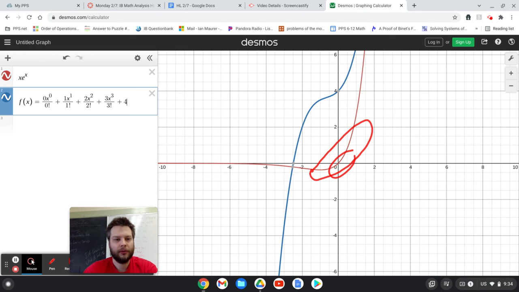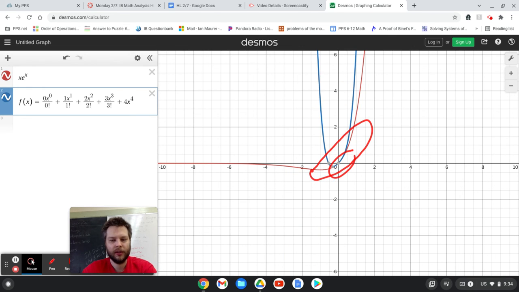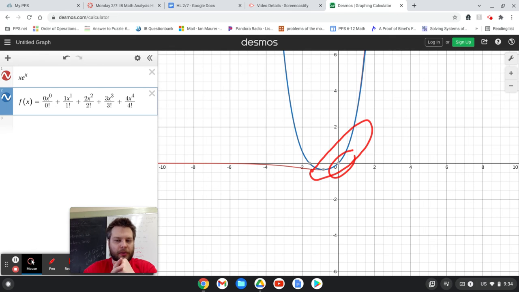So we have plus 4x to the fourth divided by 4 factorial. And check it out. It's looking really good. And I hope you can see how by adding on more and more terms, we can increase the interval of convergence. And that's the whole idea. If we had an infinite number of terms, we could approximate it to any given amount that we want.